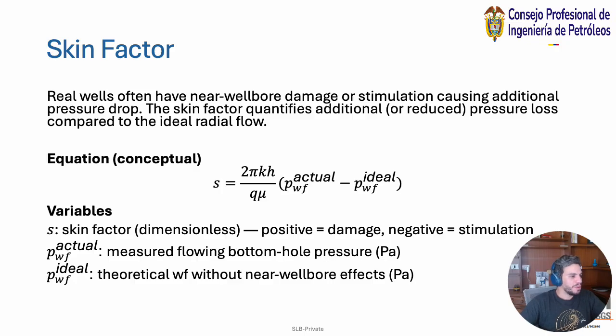So with that in mind, let's talk about the conceptual equation of what the skin factor is and how to solve for it. Lots of these variables you can see, but S is the skin factor. It is dimensionless.